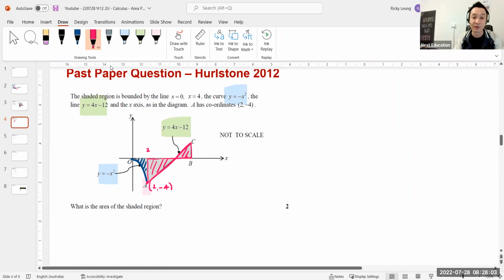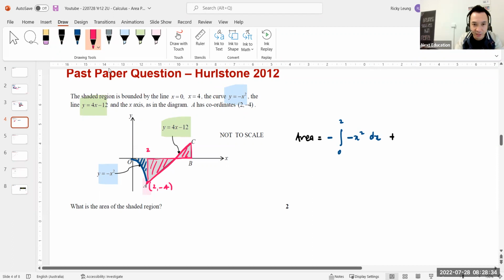So if I'm finding area, just make sure all your areas are positive. My blue area is an integral, but see how it's negative? And I know it's negative, so I'll put a negative in front of it, from 0 to 2 of negative x squared dx. In other words, you're trying to find 0 to 2 of the positive x squared, right? Same thing.